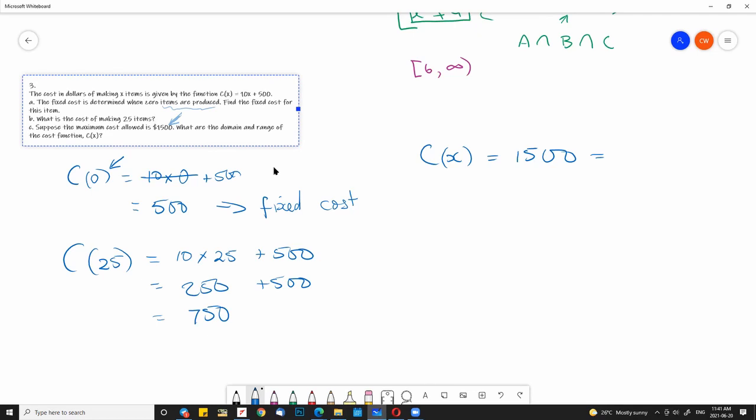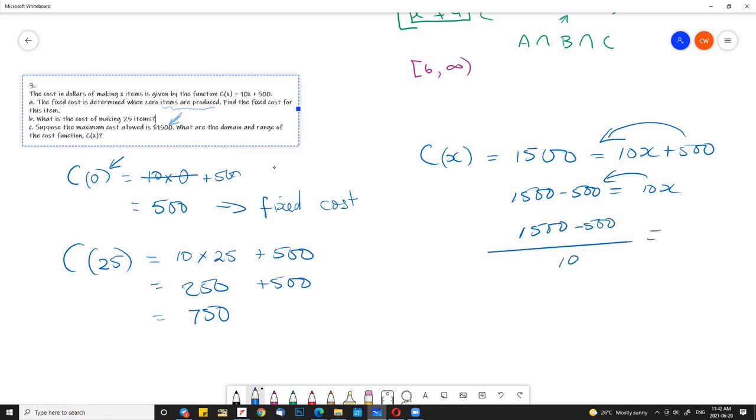C of X is 10 X plus 500. Let's toss the 500 over here. 1500 minus 500 equals 10x. Let's toss the 10 over there. We got 1500 minus 500 divided by 10 equals x.